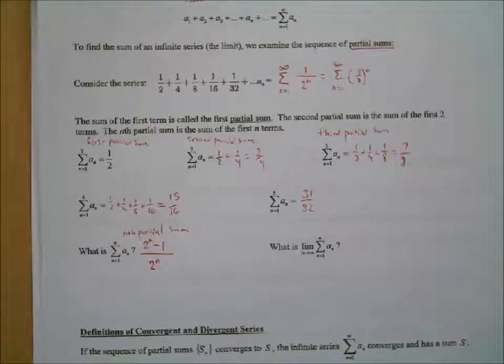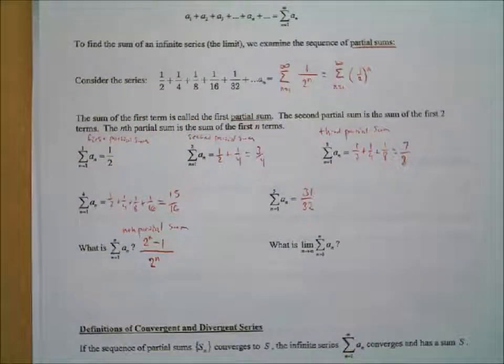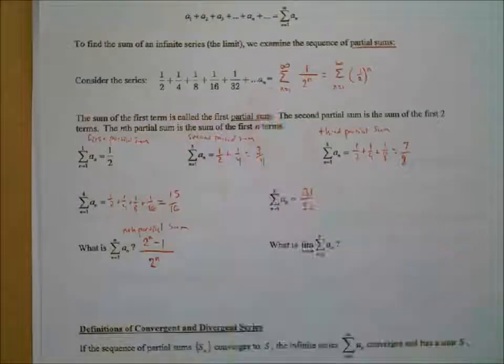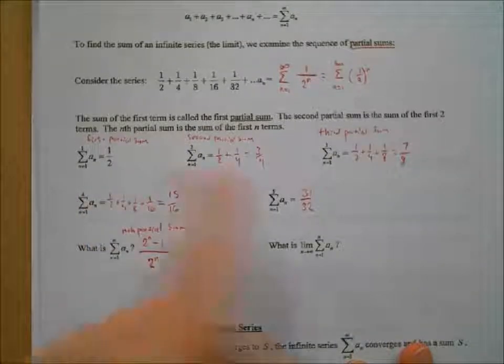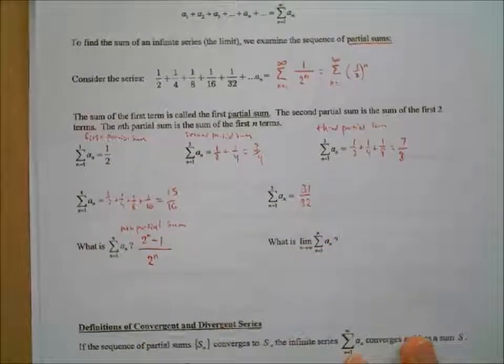All right. So we started talking about sequences very early on at the start of this unit. We now are talking about series, but to evaluate the series, which is the sum of these terms, we go back to the idea of a sequence. This is 1/2, 3/4, 7/8, 15/16, 31/32, and you could keep doing that sequence.